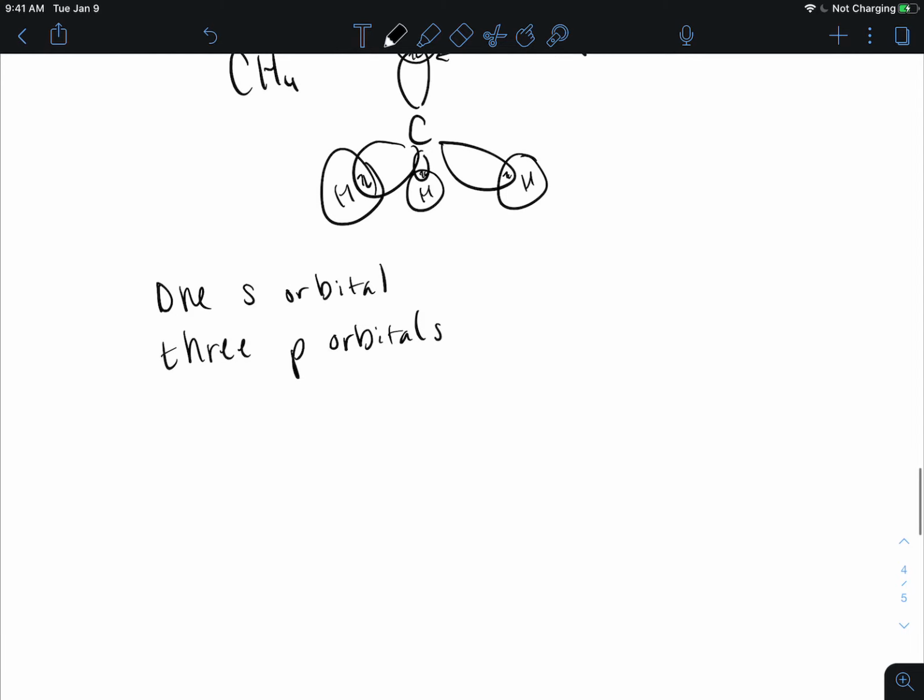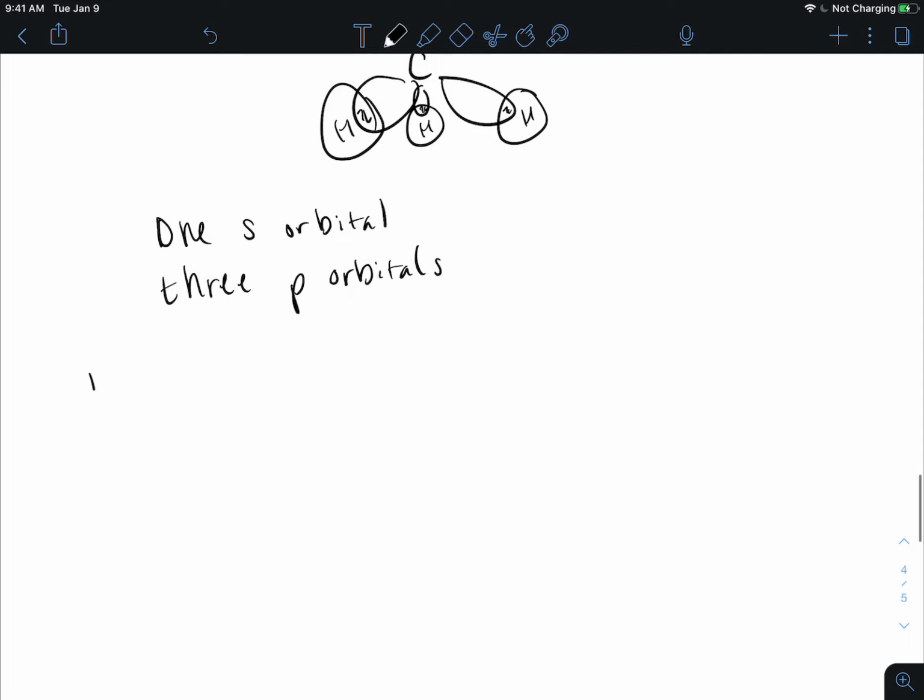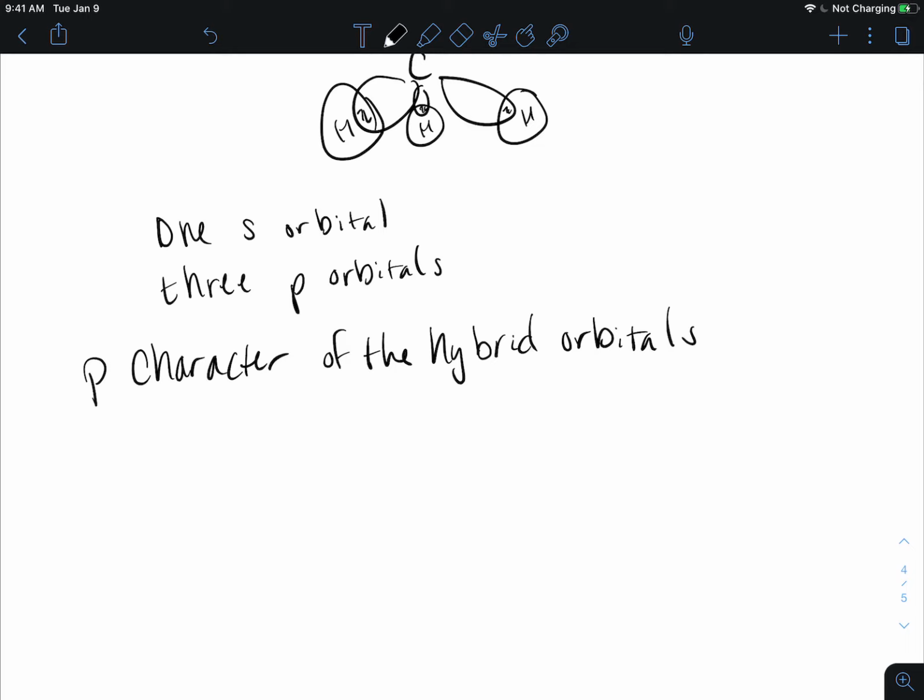So we have what's called the p character of the hybrid orbitals, or we can call it the s character if you so choose. So how characteristic it is of one type of orbital versus the other. When we have an sp hybrid orbital, we have 50% s character and 50% p character.